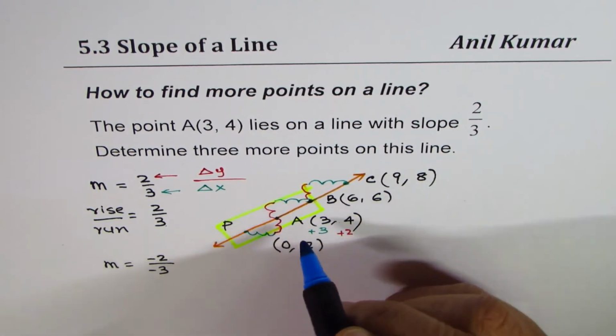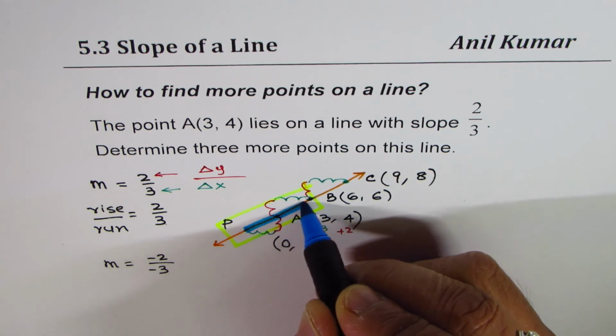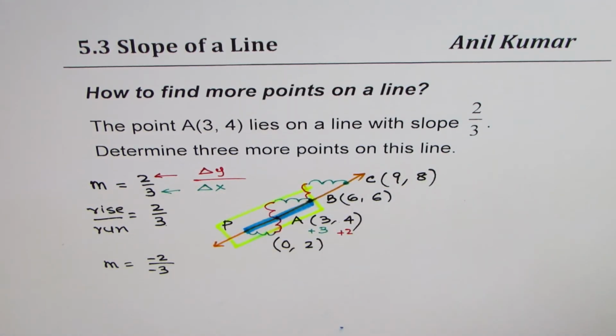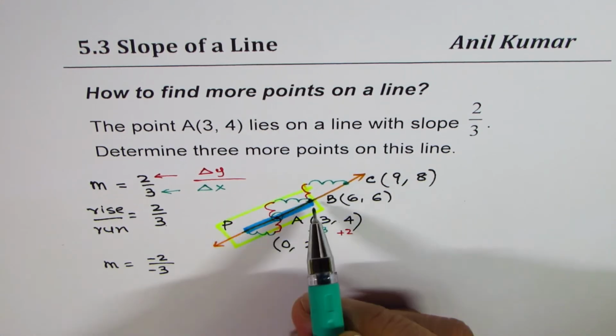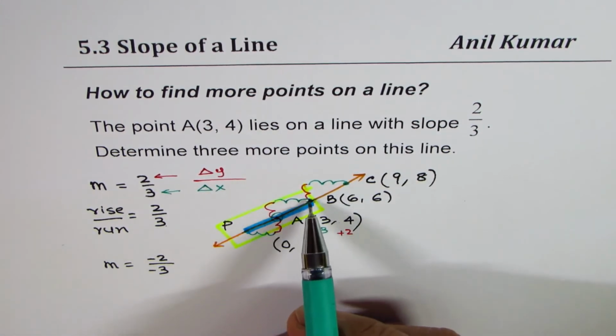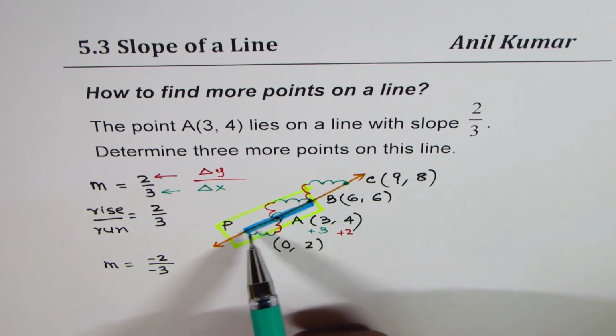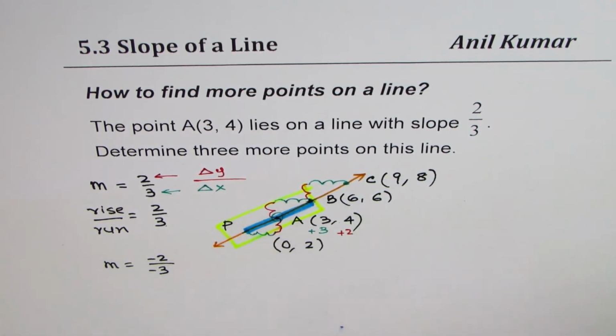And in this segment, you'll find that point A is the midpoint of P and B. Since we went up the same distance as we went down, A becomes the midpoint of P and B. So that could be an example for you to find midpoint of a line or to make a given point a midpoint. So I hope you understand the concept, right?